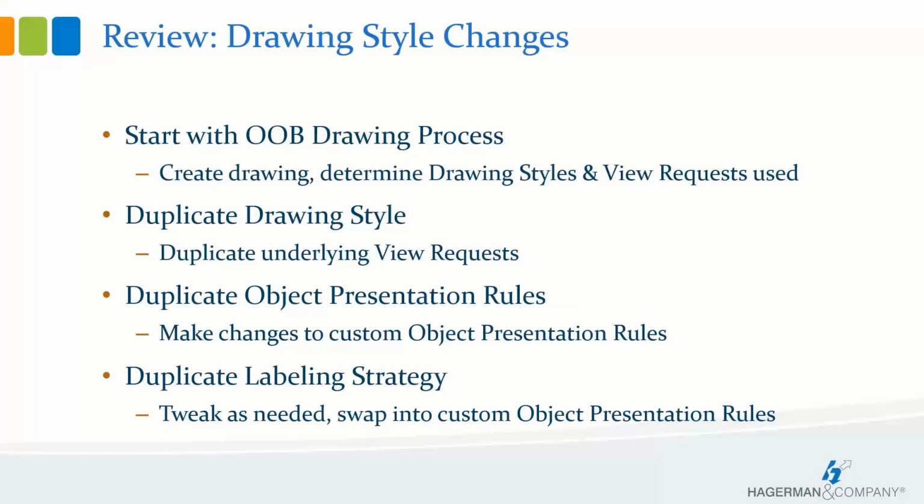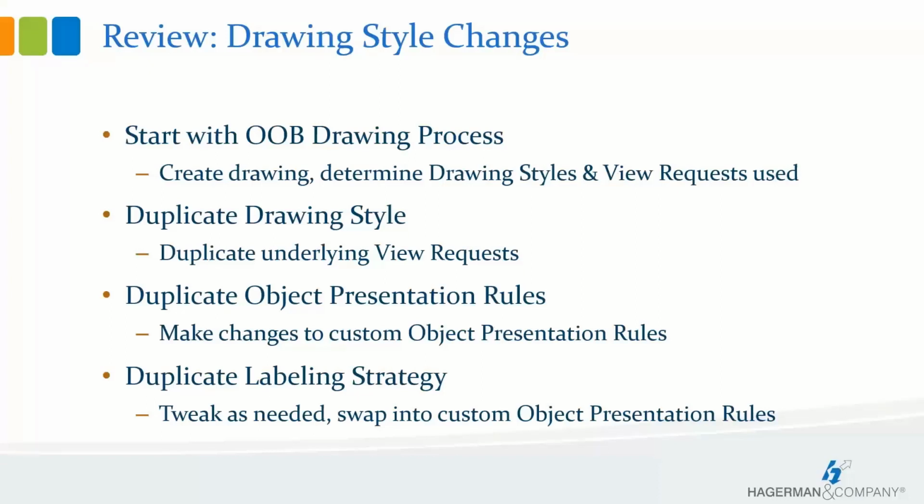After that, we created a new labeling strategy to incorporate the rest of the changes, the ones we made for the leader, as well as where the label was positioned in the view. Once we created our new custom labeling strategy, we swapped it into the objects presentation.